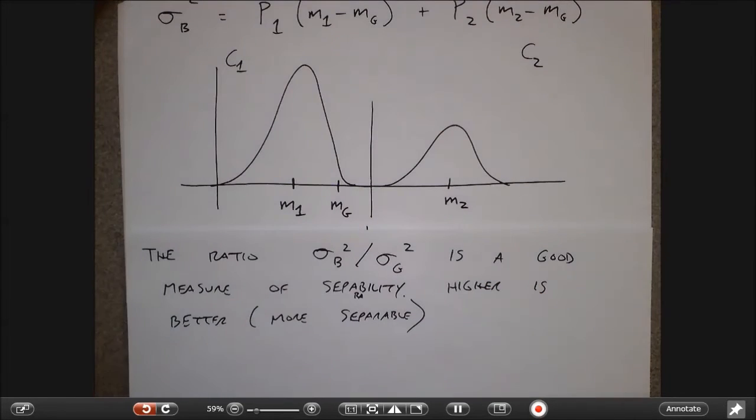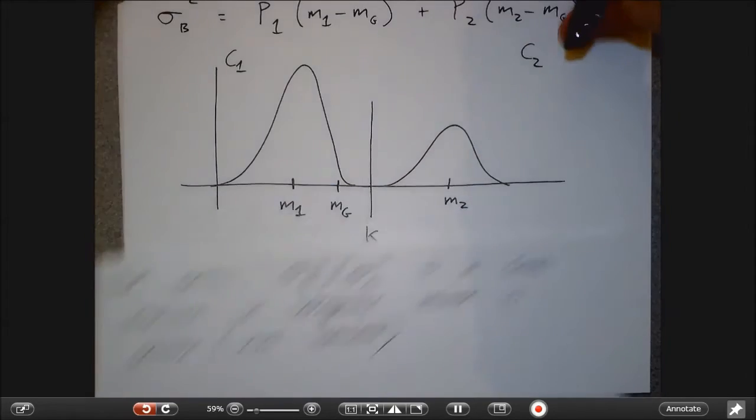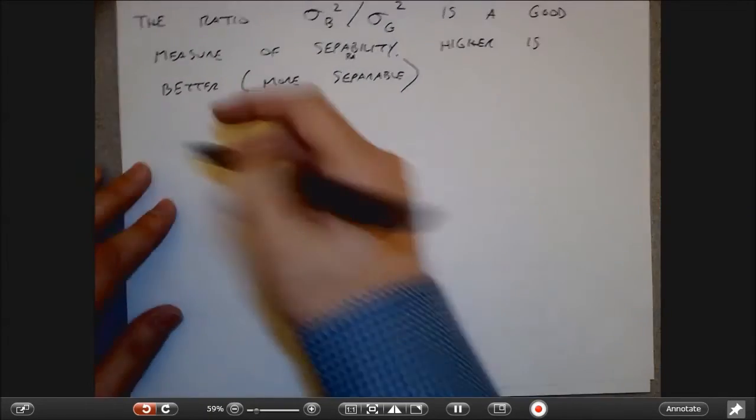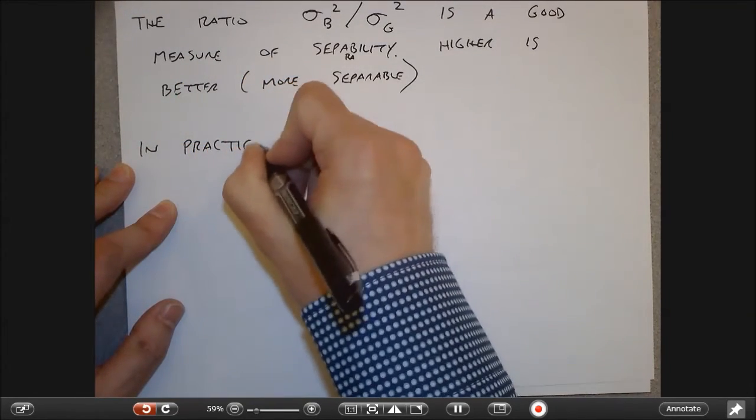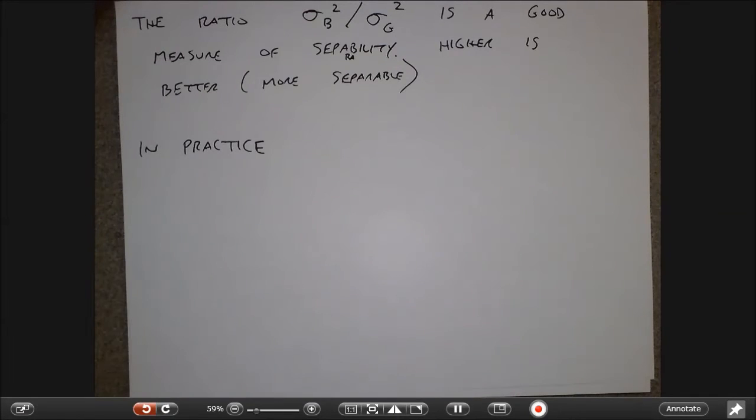Okay. So we could talk about how I would optimize this function. In practice, since we're only looking at 256 gray levels, usually I can just do a loop over those 256 values and find the number that maximizes that measure.